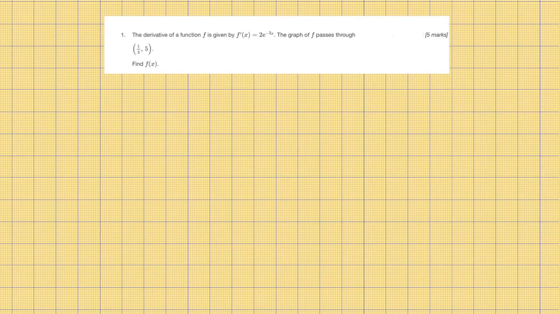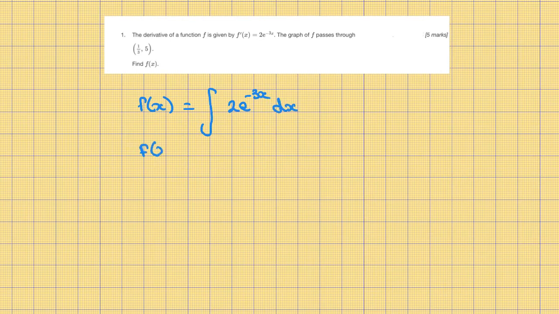In this typical IB question, you're given the function f dash, a point it passes through, and are asked to find f of x. F of x is equal to the integral of 2e to the minus 3x dx.